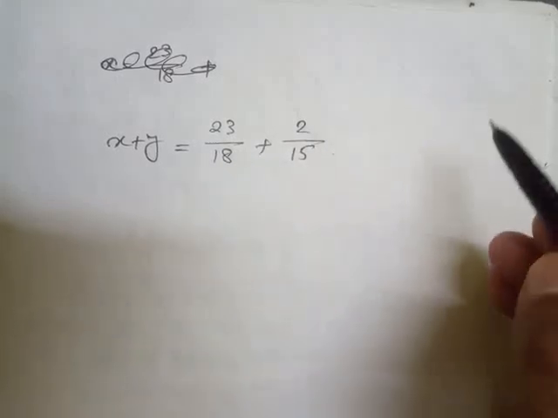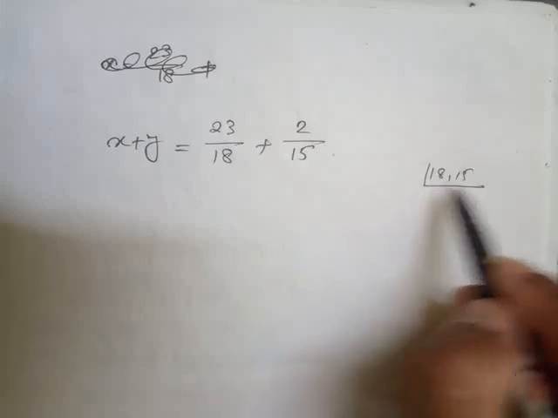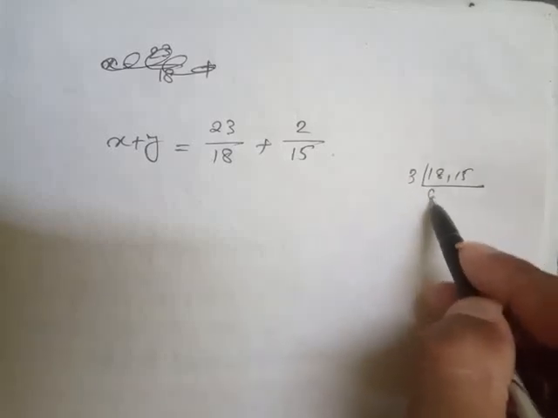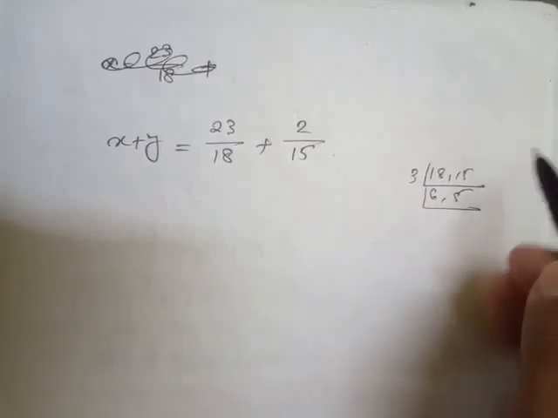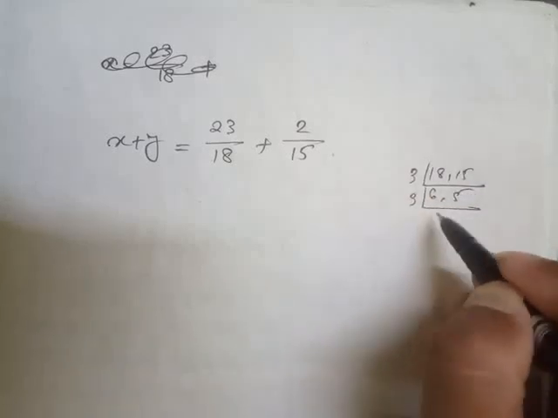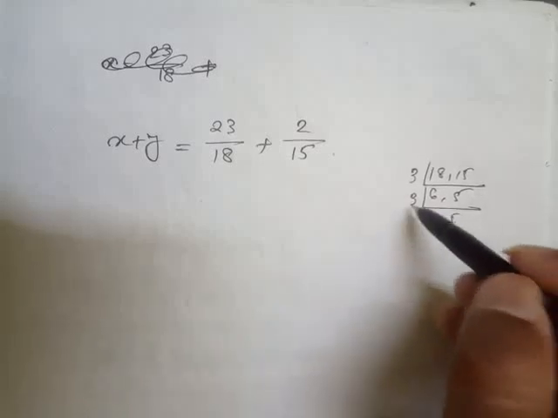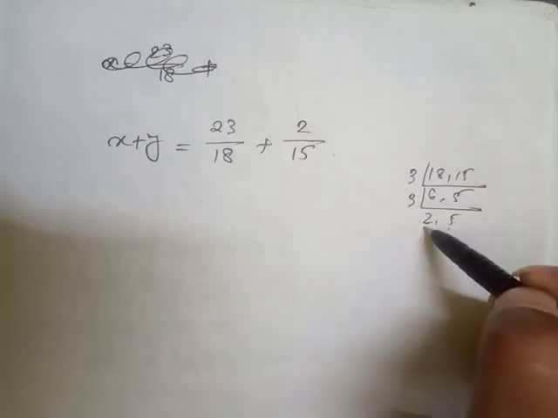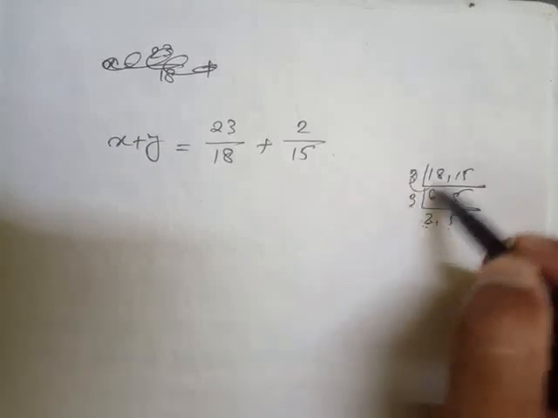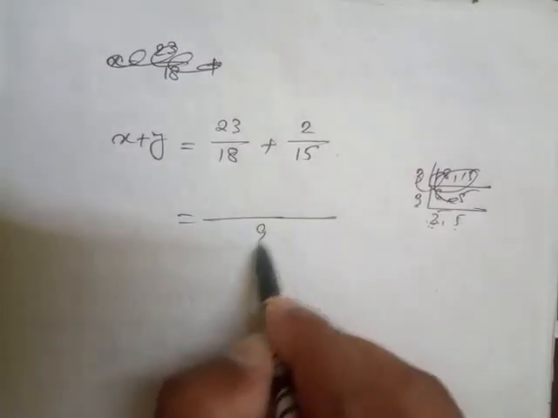Now go for the LCM of 18 and 15. Both are multiples of 3. 3 times 6 is 18, 3 times 5 is 15. Then 6 times 5 is 30, and 30 times 3 is 90. So the LCM here is 90.